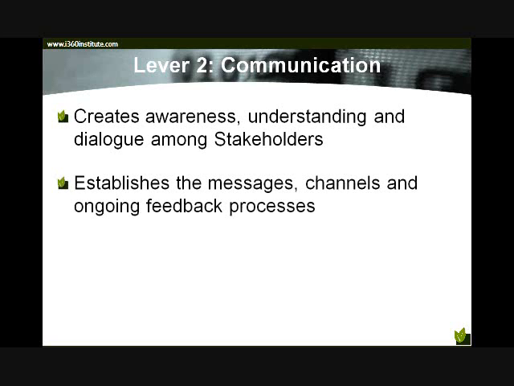So not only do we have to pay attention to the type of awareness and understanding and the dialogue that we're creating amongst all of our stakeholders, we have to really establish some new channels of communication. We have to look for the type of message that we are trying to send out and the types of channels that we're going to use to get the message out, but not just the messages that are going out. One-way communication is only half of the process here.